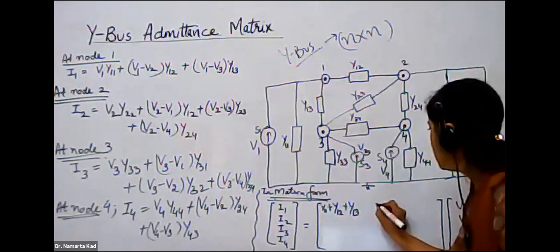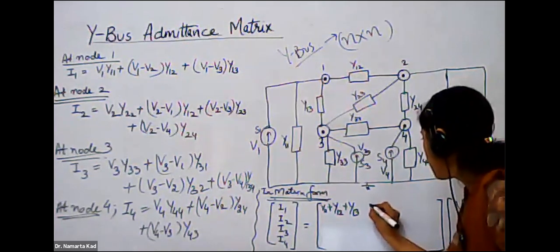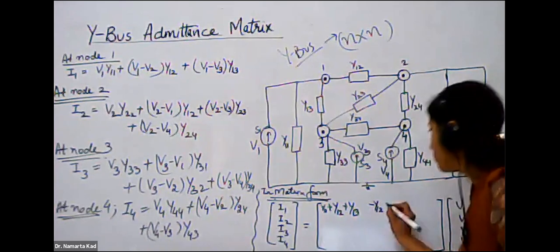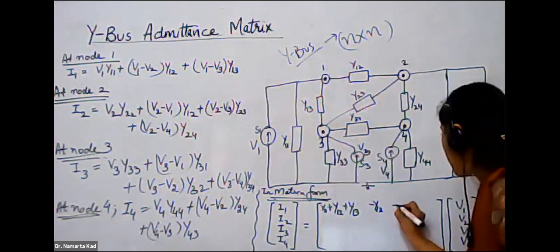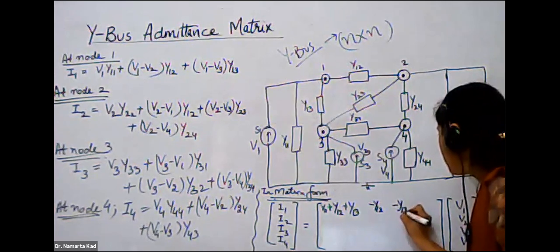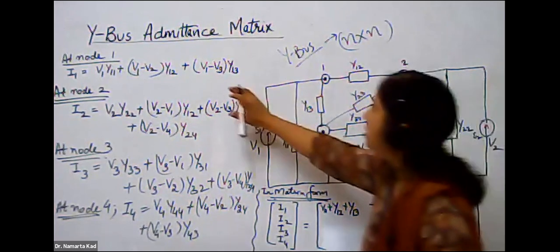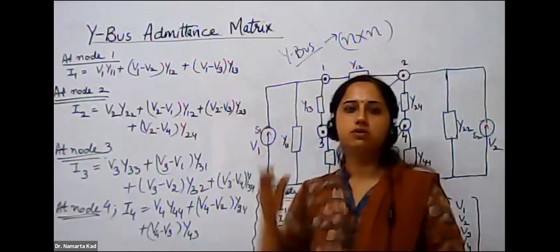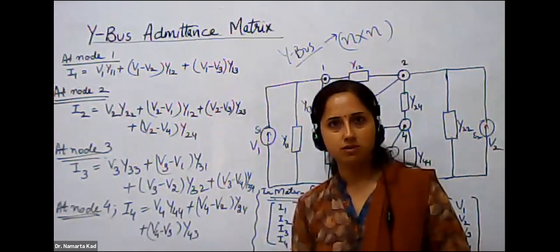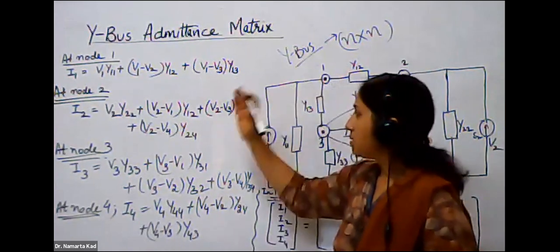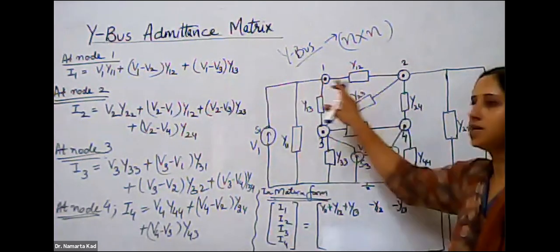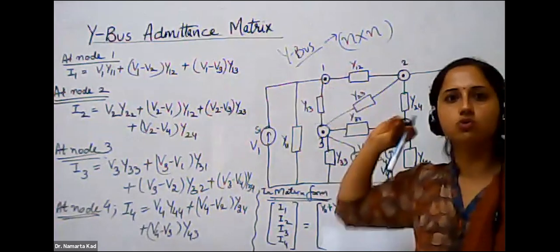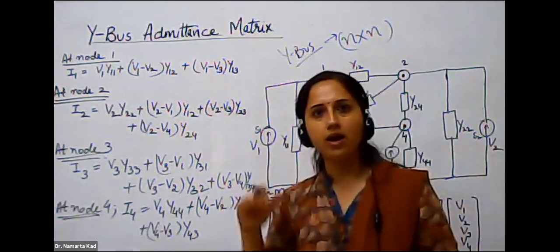Okay, so it can be written like this. So in the second column, it can be minus Y12, and with V3 it is minus Y13. Okay, and with V4 there is no admittance. Okay, that means the node 1 and node 4 are not connected with each other. So there is no admittance between 1 and 4.